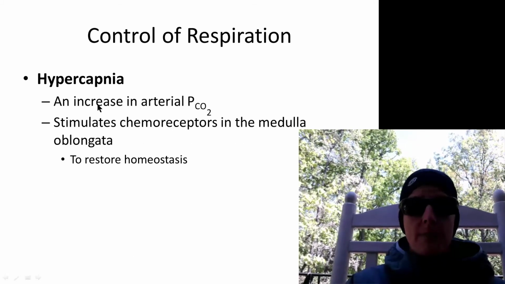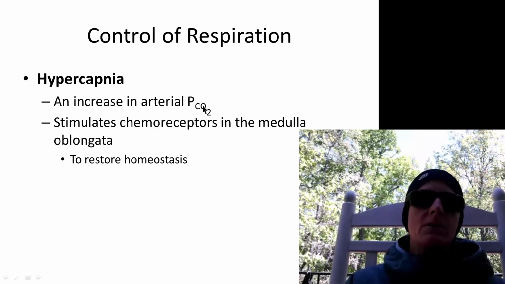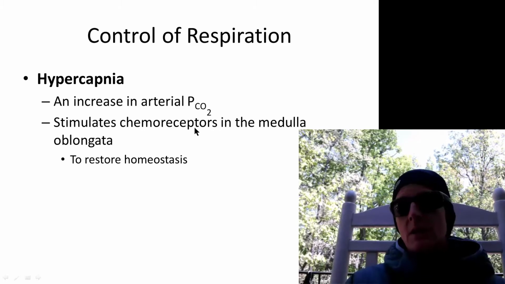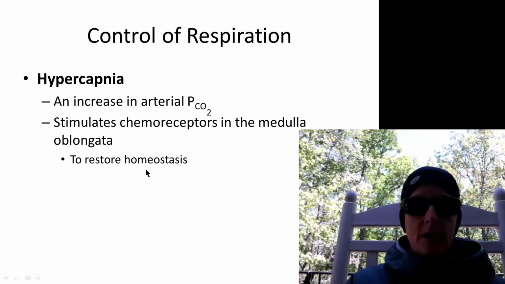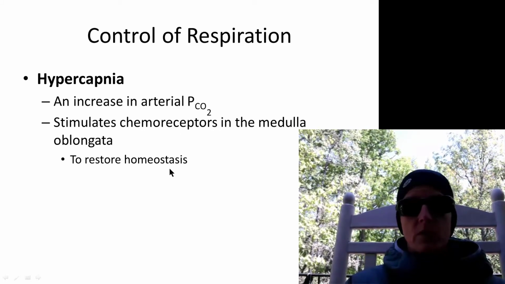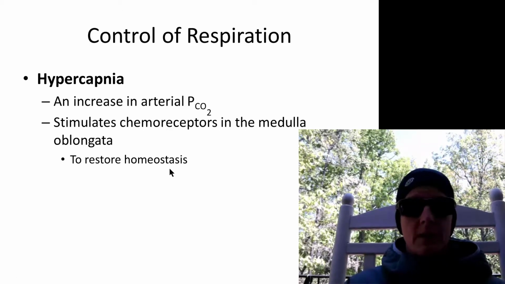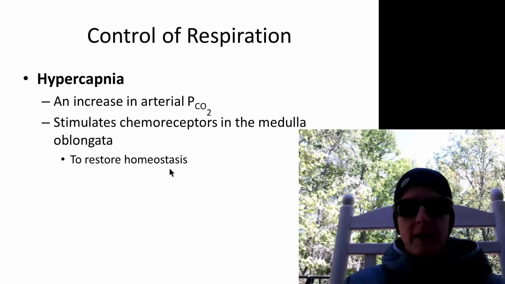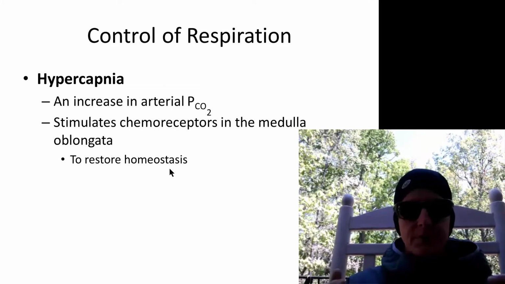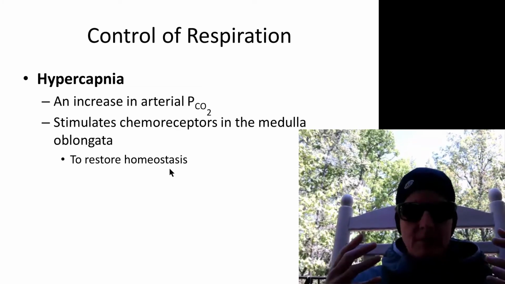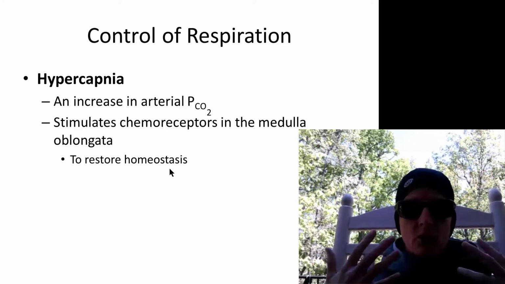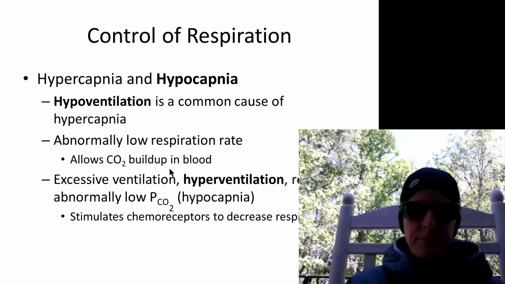Hypercapnia is an increase in the arterial carbon dioxide concentration. This is going to stimulate the chemoreceptors in the medulla oblongata. If you have too much carbon dioxide, usually from holding your breath or not breathing properly, then once you have stimulated these chemoreceptors, that's going to send signals to your respiratory centers to increase breathing rate and depth.